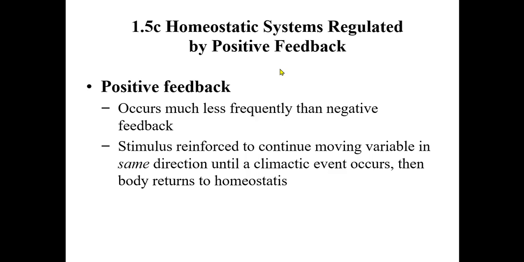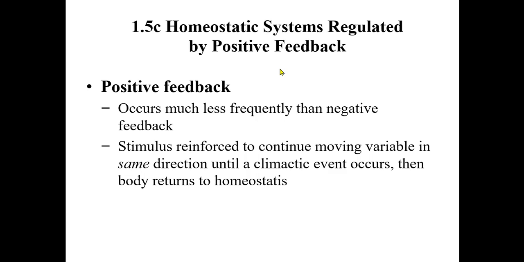In childbirth, with true labor pains, you're going to find that the frequency and the strength of the contractions get stronger and stronger as the baby's ready to come out. That's true labor. The uterine contractions are positive feedback.